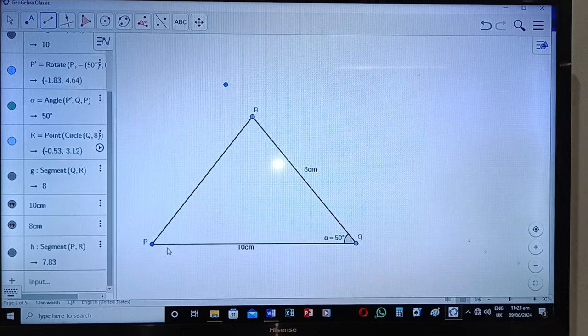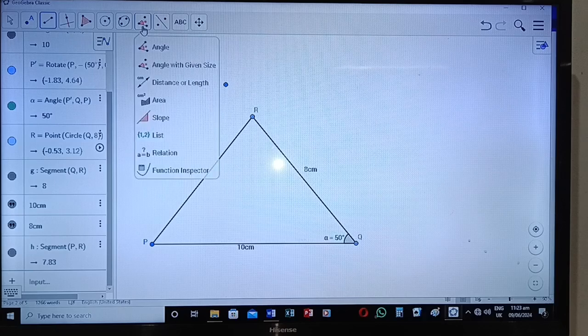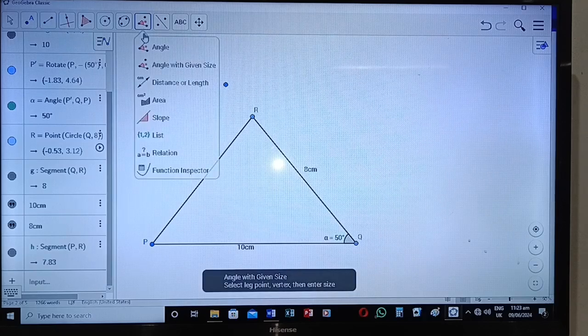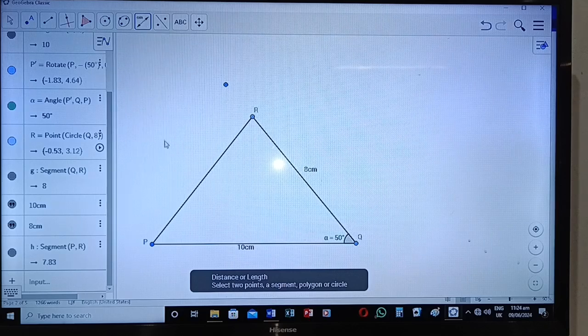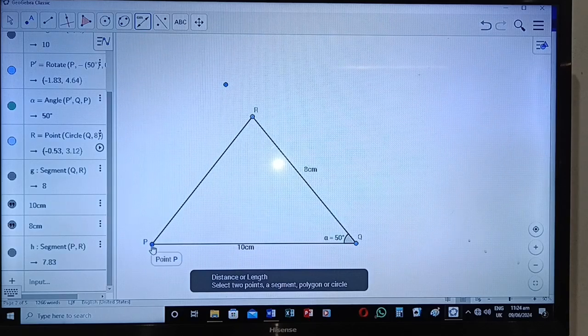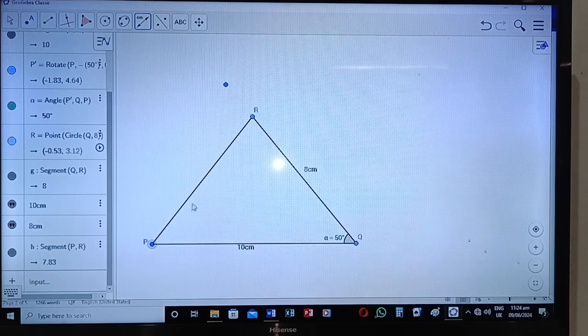Now there are times when, for example, we are asked to measure and write down the length of PR. So what we do, we need to go to here and come to distance or length. Then the length we want to measure is the length of PR, and here.